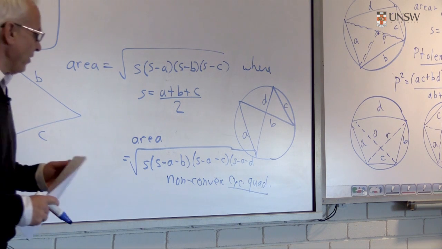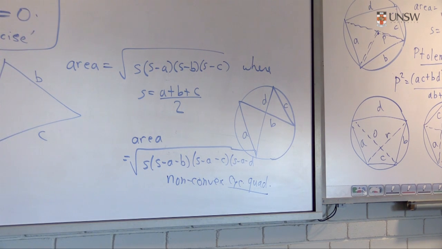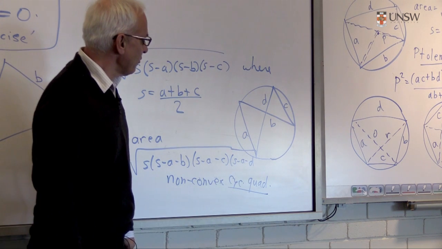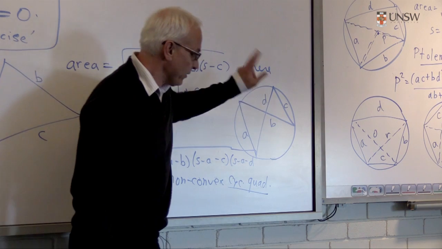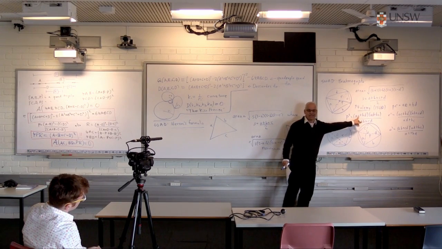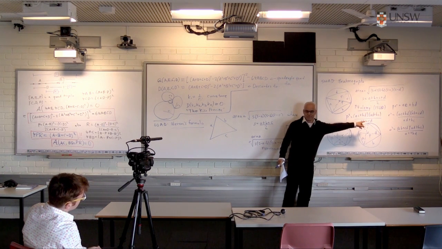And there are similar kinds of formulas that you could write down for the diagonals in this case, but instead of having terms like AC plus BD, we'd have terms like AC minus BD throughout.